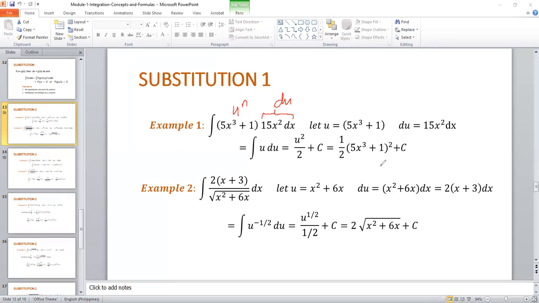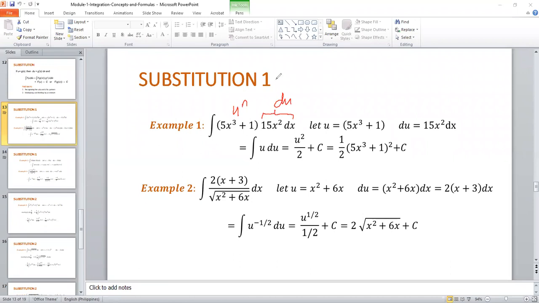So this is a shorter way of evaluating this integral without having to resort to expansion, wherein you need to multiply 15x squared to 5x cubed plus 1. Okay, so this is one pattern that was used here. You use power rule by identifying 5x cubed plus 1 as your u.